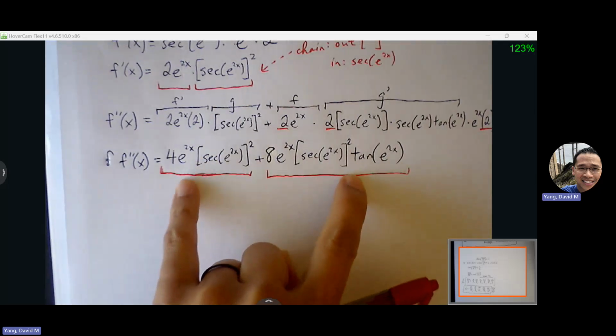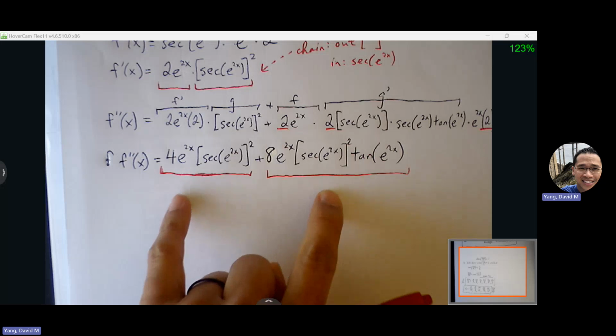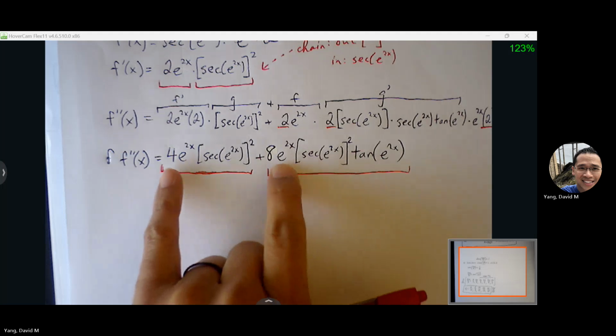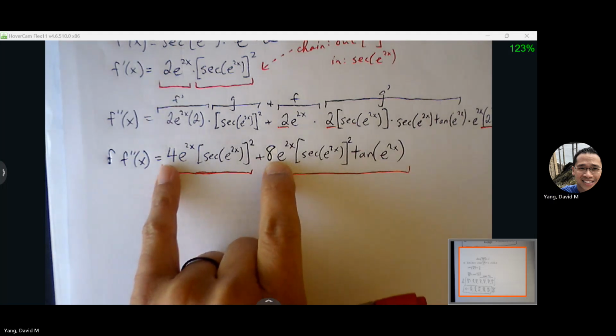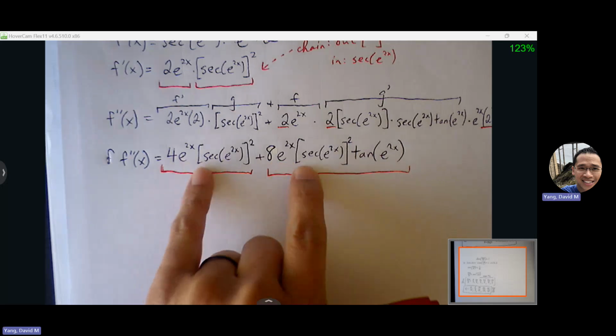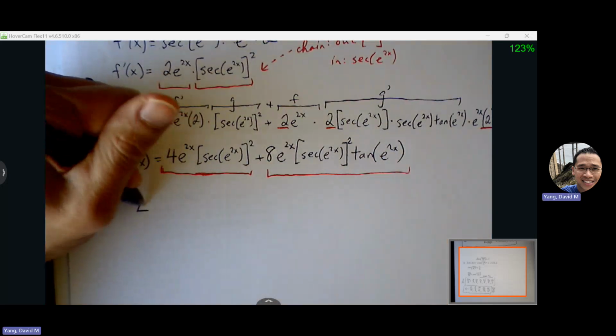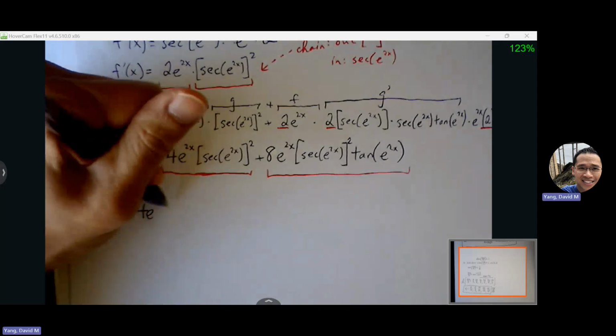So between these two extended terms, what's a common factor that is shared between these two terms? Yeah, 4e to the 2x and secant. So I'm essentially just going to take out that GCF.